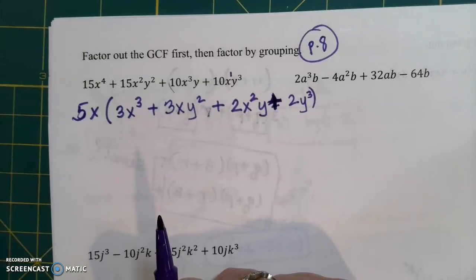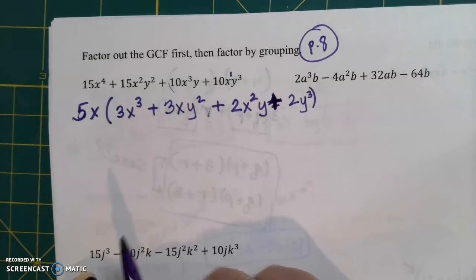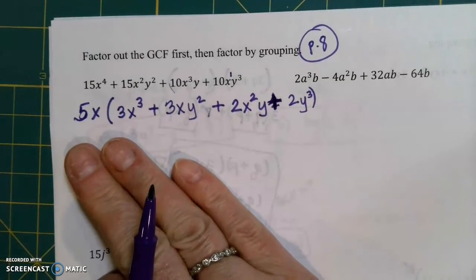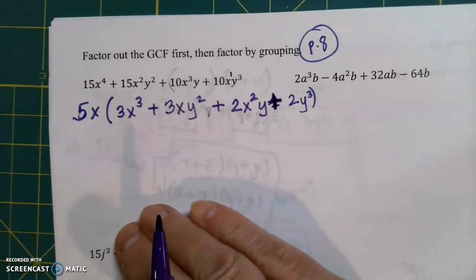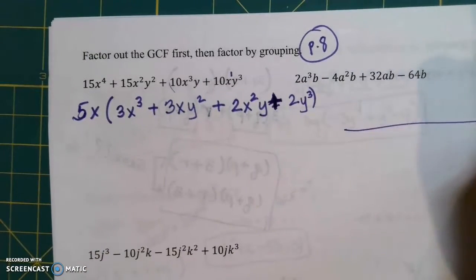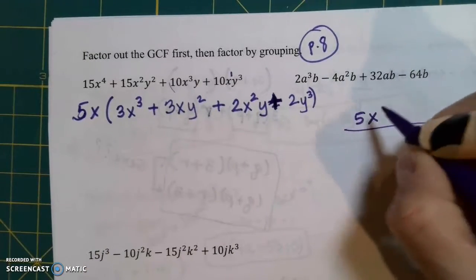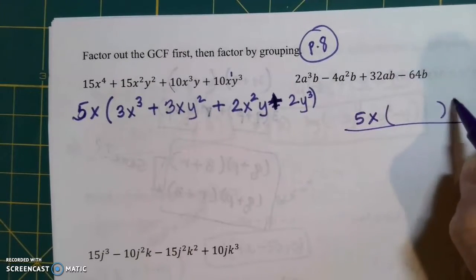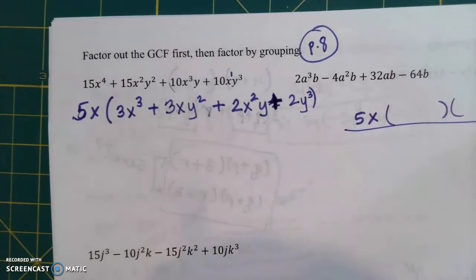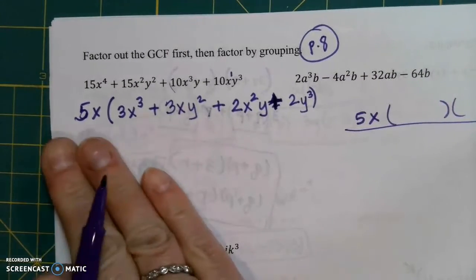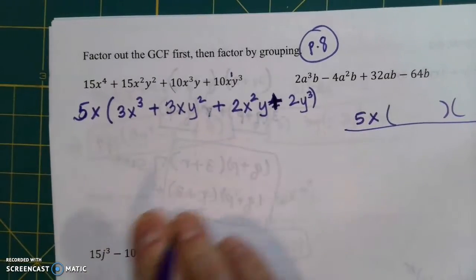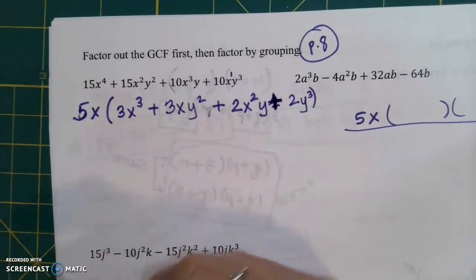And then at that point, we can't forget about the 5x, but if this is a situation where you have an answer blank, or if you've got some paper off to the side here, I would recommend putting the 5x over there so that you don't forget about it, but it can get a little cumbersome to keep writing it in there and having to write the parentheses and all that.